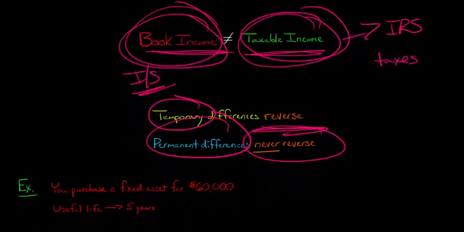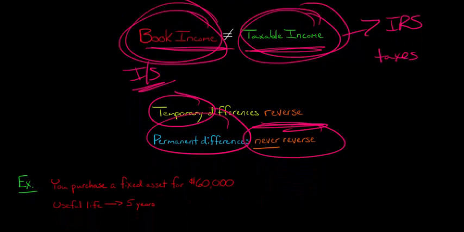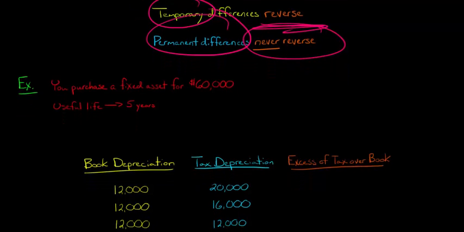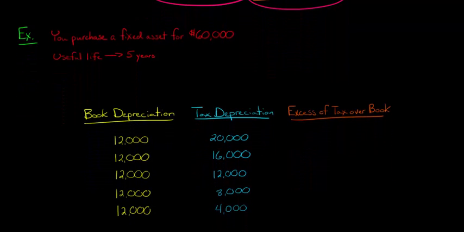So I want to give you an example to show you the difference between temporary and permanent differences in taxes. So let's say that you purchase a fixed asset, some depreciable asset for $60,000, and you estimate that it has a useful life of 5 years. And so we're going to look at how the differences in depreciation for both book and tax purposes can create a situation where we have a temporary difference.